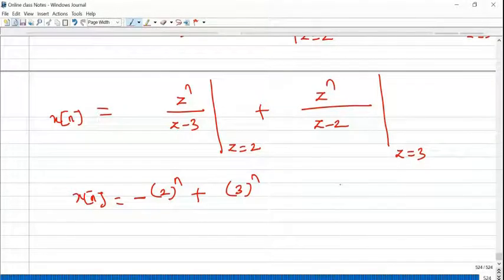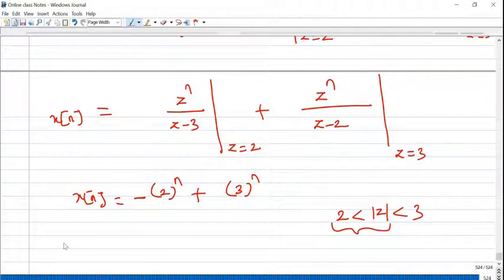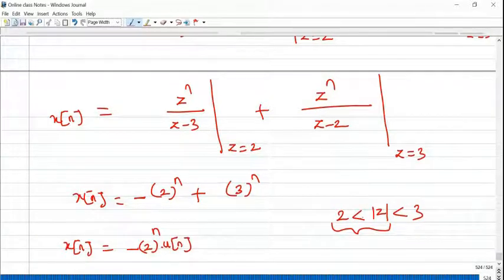Now the ROC is given, so we should write the answer properly. Modulus z is between 2 and 3. Z is greater than 2, so this particular term, minus 2 power n u of n, is written in the form of a causal signal. We proved already that if a signal is causal, the ROC is outside of the circle. We already proved this at the beginning of the Z transform classes.